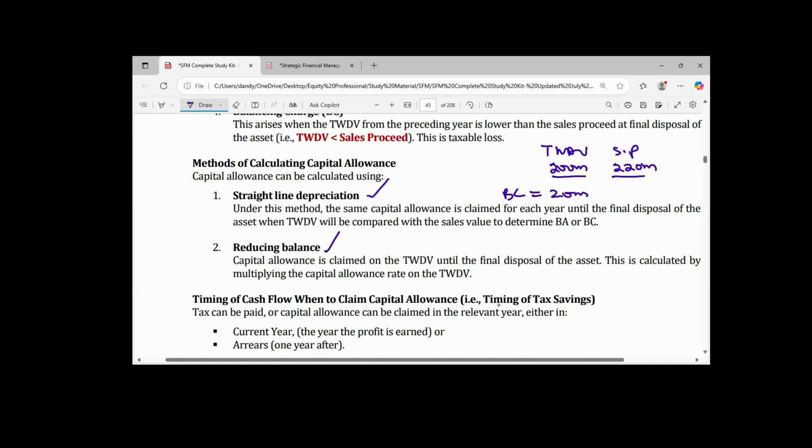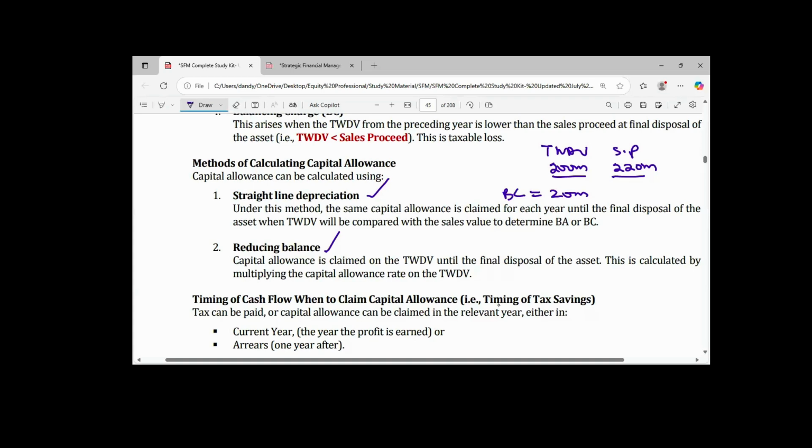So say for example, this asset has a 5 year life and the asset cost 1,000. You calculate the cost minus scrap value divided by 5. That will give you the same amount every year.